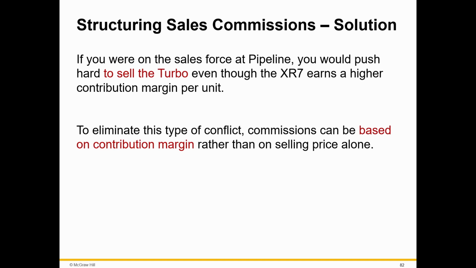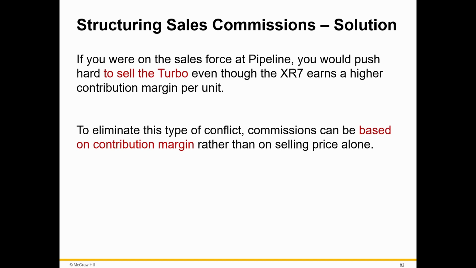So based upon that, if you were on the sales force at Pipeline, would you push hard to sell the Turbo even though the XR7 would earn a higher contribution margin per unit?